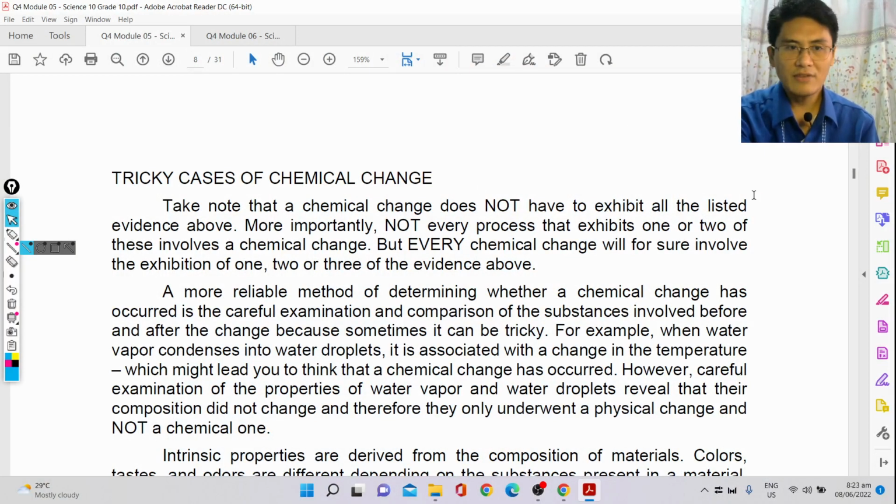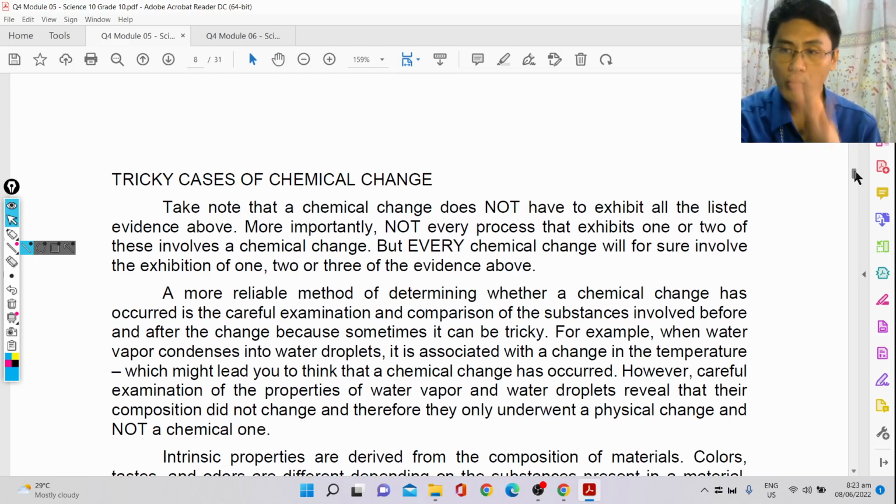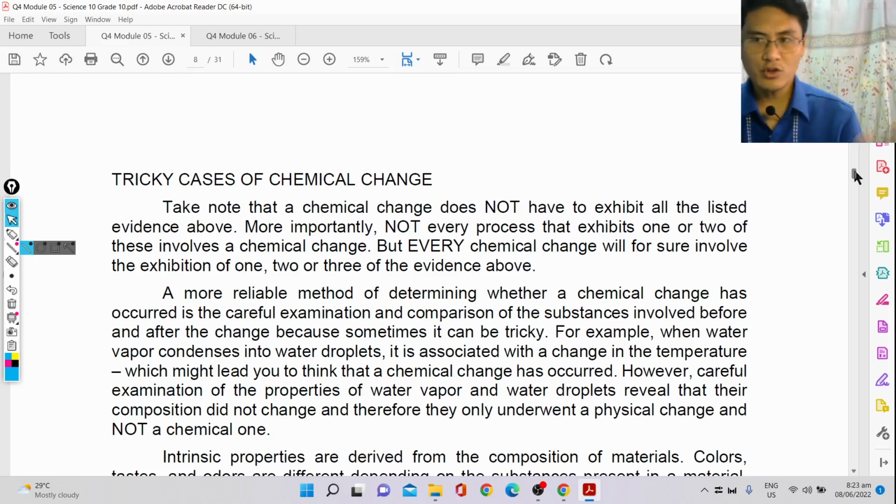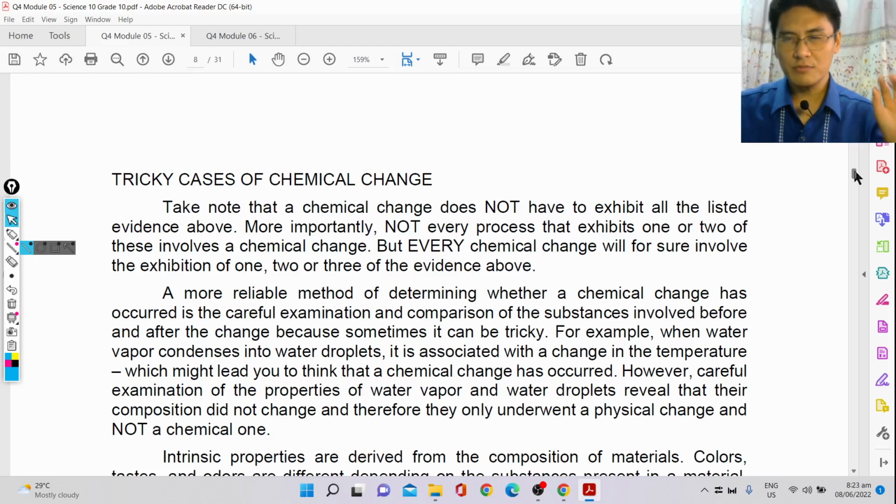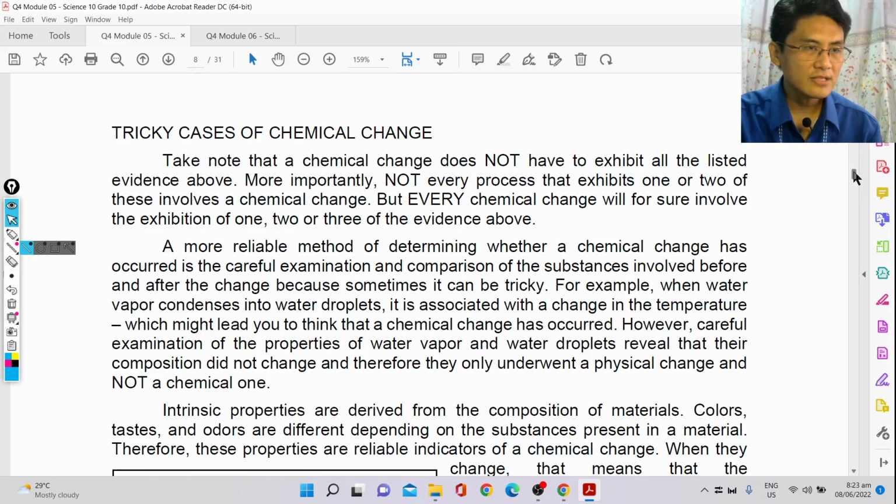You must have a lot of consideration. Obviously, in the lower years, you were just studying evidences of chemical change because we looked at it from the general perspective. This time we have to be a little bit more specific, with a little bit more detail and complexity in our analysis and discussion. And therefore, this is what I wanted to show you.